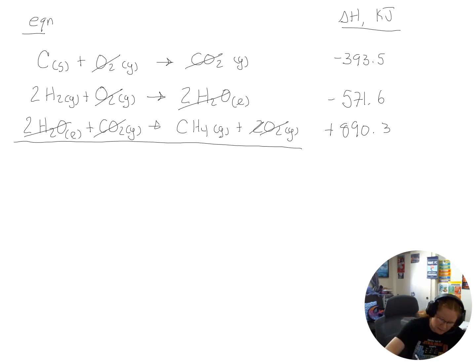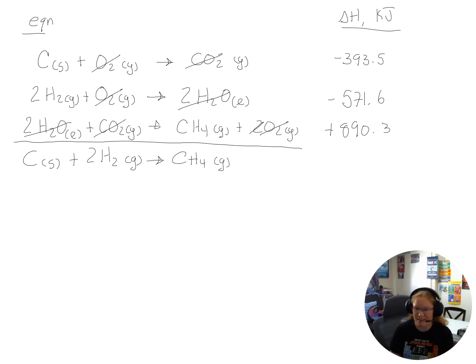So let's see here. Did we do okay? So I have 2 hydrogen gas left. I have a solid carbon, and I have methane. All right, well, looks like we did everything correct. And so we can go ahead and just sum up these. And when you sum these up, you get negative 74.8.